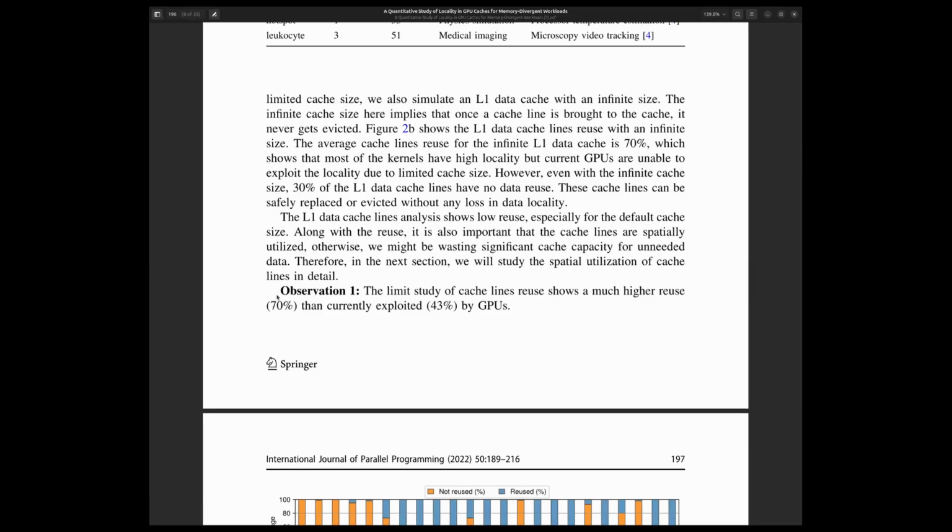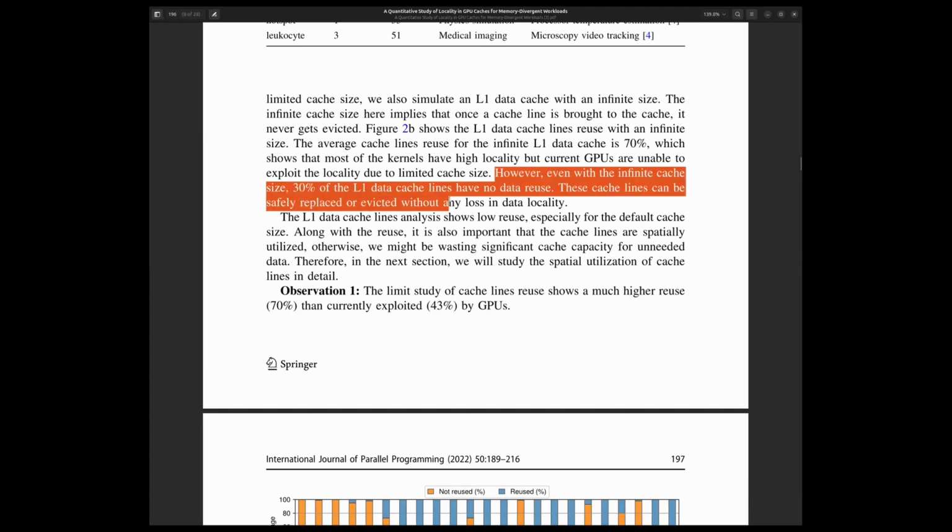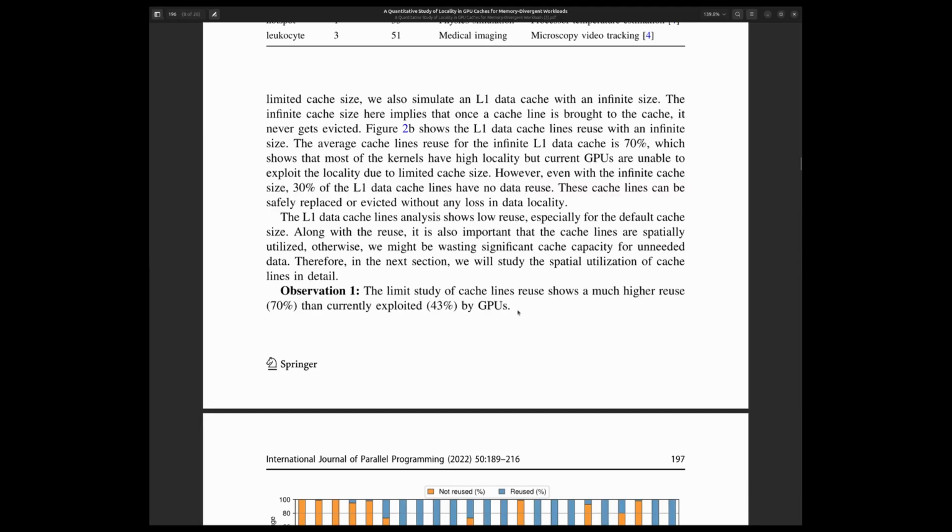If we had a larger cache size, we would be able to optimize for this, but due to cache size constraints we only see 43% cache line reuse. What this also shows is that even with infinite cache, 30% of the L1 cache lines have no reuse, which means that there are segments of these cache lines that are overfetched.